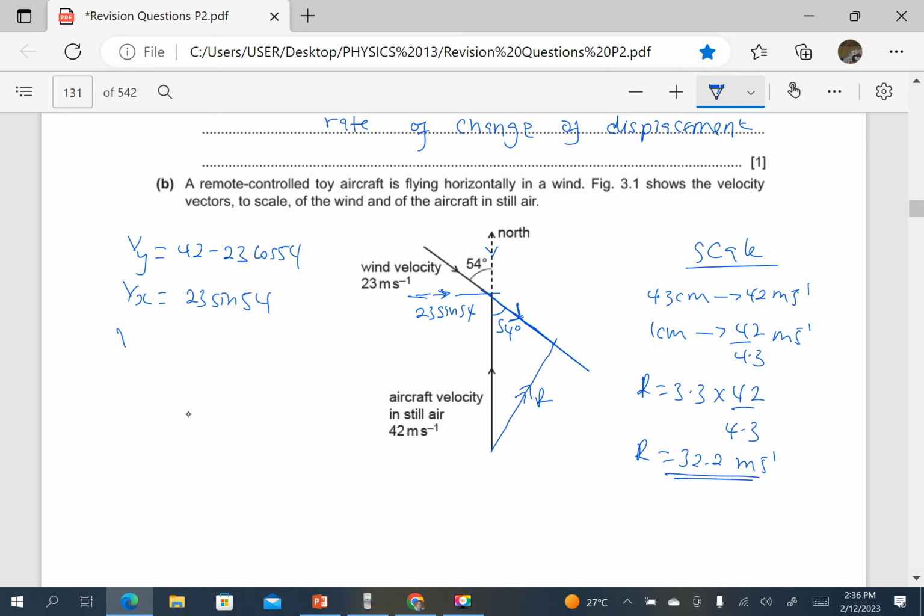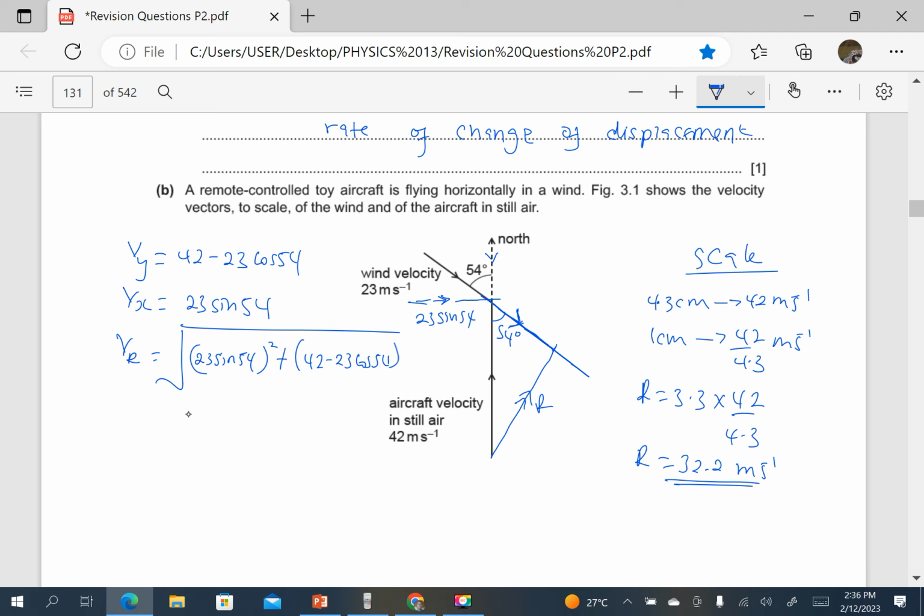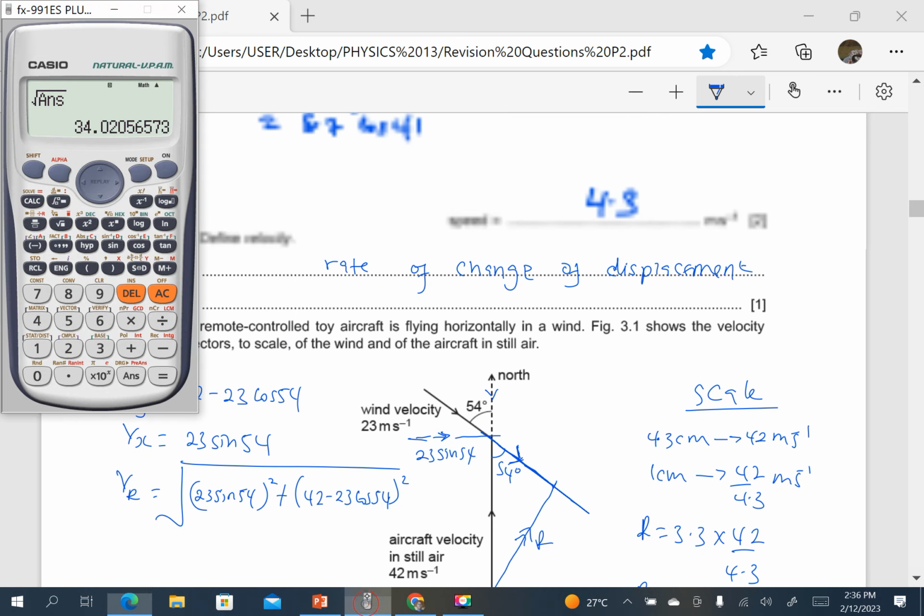So we now find the resultant velocity by Pythagoras' theorem. That will be the square root of (23 sine 54) squared plus (42 minus 23 cos 54) squared. So let's verify with a calculator.